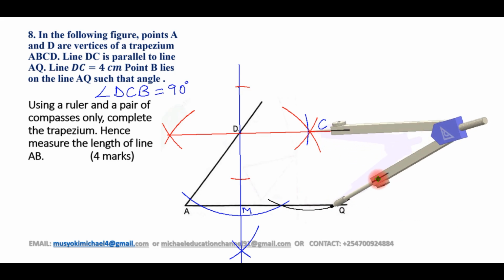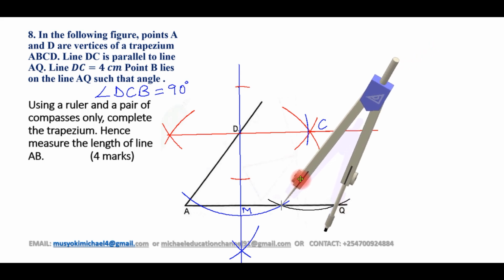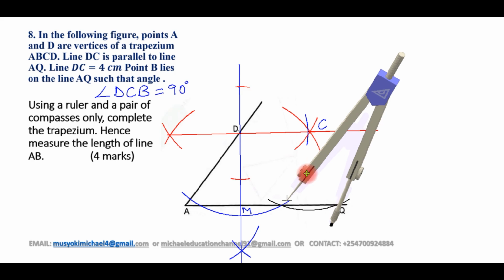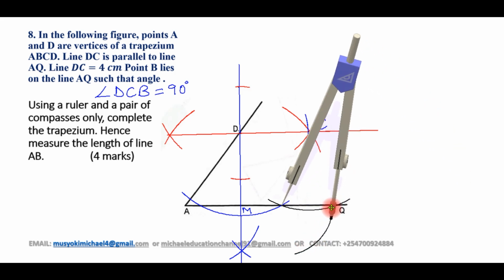And then I adjust to the radius, and using this as the center of the circle, I draw an arc. I draw an arc here.